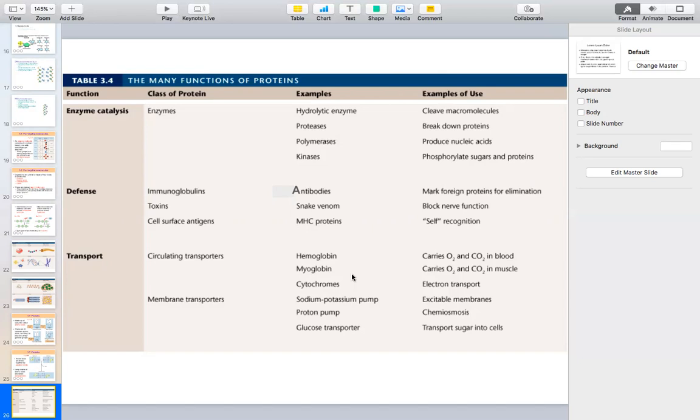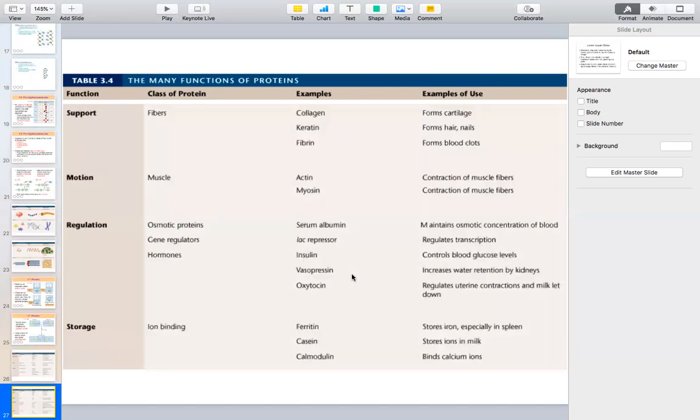So just take a look at this chart, read about it a little bit, and realize how important proteins are. Then we have some that are involved in support, like collagen, a type of protein that forms cartilage. Keratin is involved in hair and nails. Fibrin, as I told you before, is important for making blood clots.